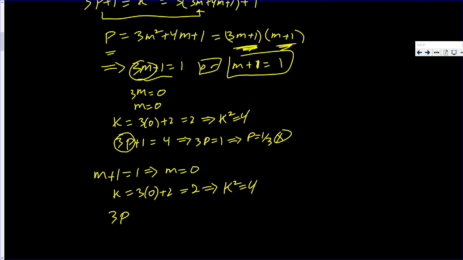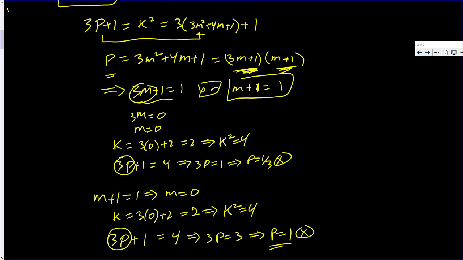We want 3p plus 1 to be 4. That means that's 3. And if 3p is 3, that means p is 1. But p is a prime. It can't be 1. That completes the proof.